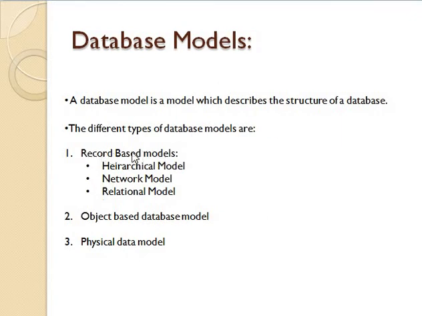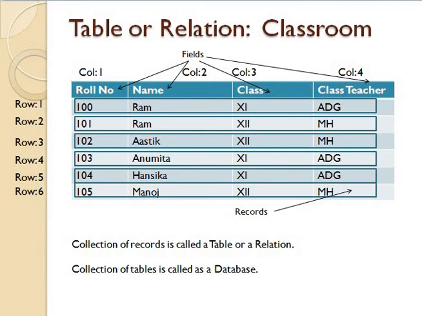The next record-based model is the relational model. The relational model uses the concept of a table, which is a rectangular-like structure with rows and columns. This form of a table-like structure represents the data and relationship among the data.